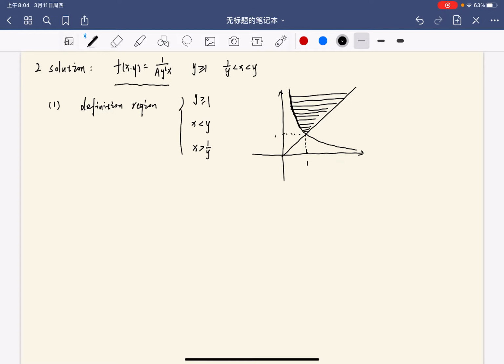And the shaded area is the definition region.